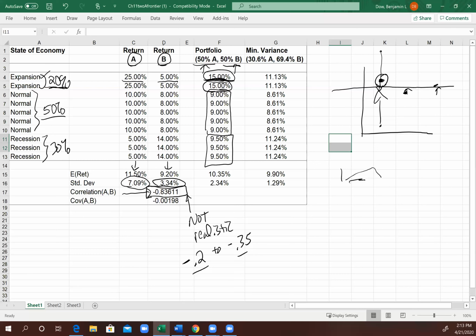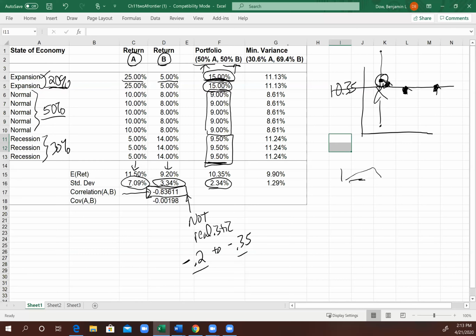During poor times, the average is around 9.5. So the expected return on this portfolio is like 10.35%. But look at the standard deviation. It's very small because no matter what happens, one of them is going to be doing better than the other. And that's the whole idea of diversification.